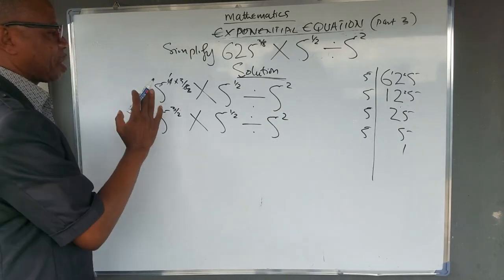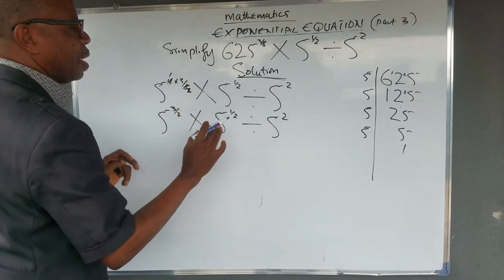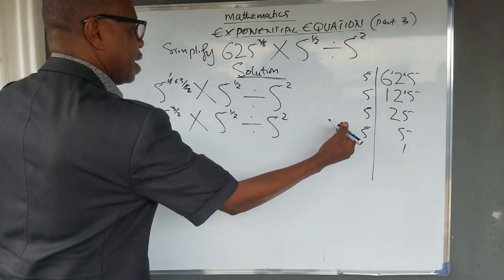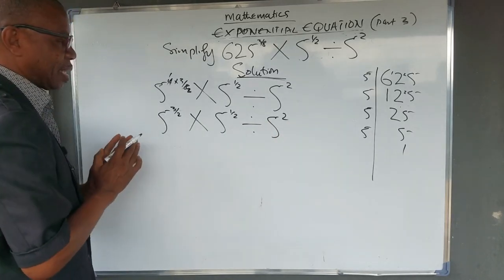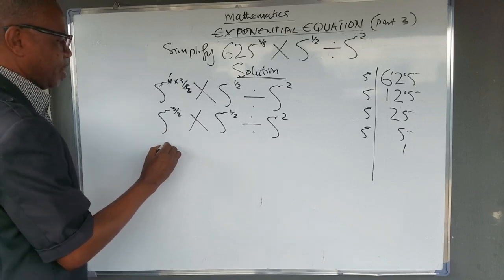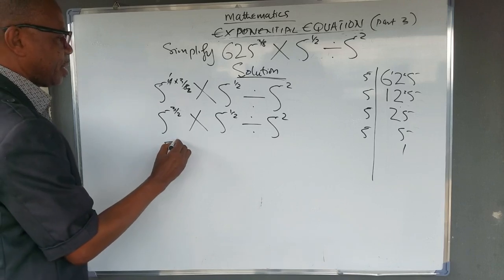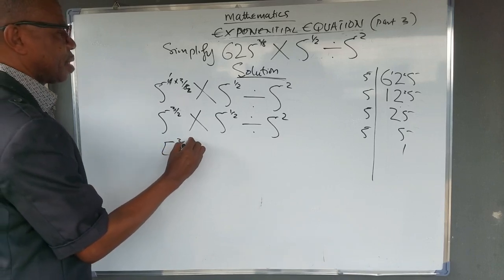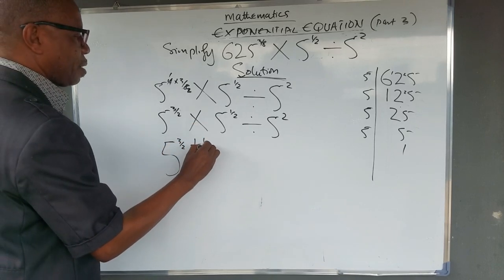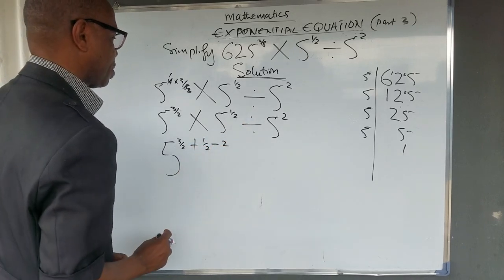I should be careful here not to cancel out the base because we don't have x or y or n anywhere and no equality sign here, so we can know what the examiner is actually looking for. So what do we do? We maintain 5, following the laws of indices. 3 over 2 times means plus 1 over 2, divide means minus 2.